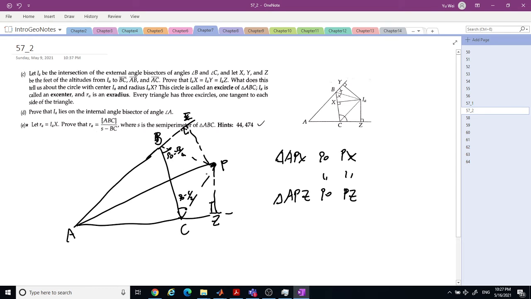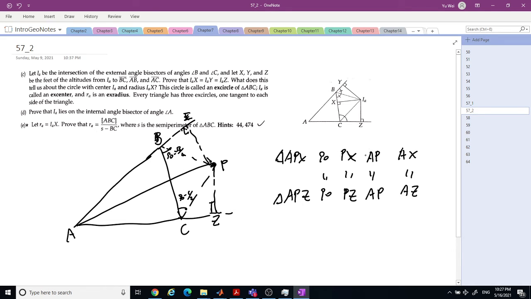And we also know the AP equals AP, right? Because this is a right triangle, the Pythagorean theorem tells us the AX equals AZ as well, right?